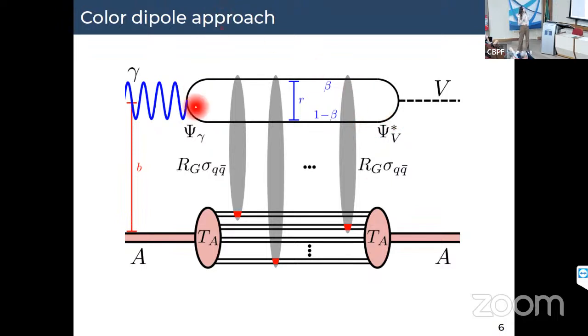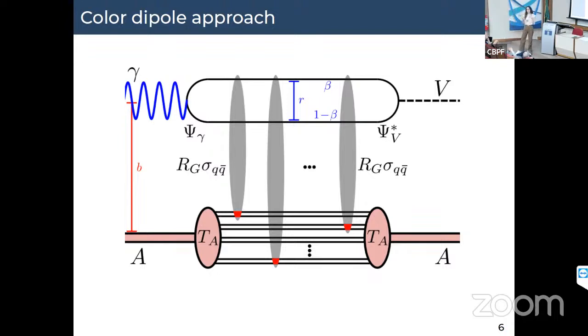First, the photon splits into a QQ bar pair, which is the color dipole. Then this color dipole interacts strongly with the target. After that, it recombines into the vector meson that we are interested in. So the amplitude of this process is the product of the amplitudes of each subprocess.